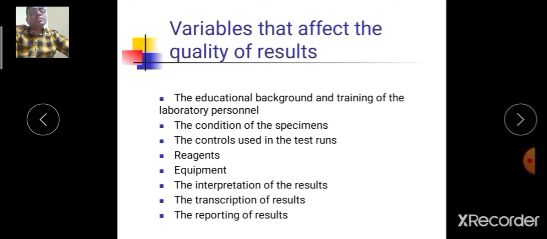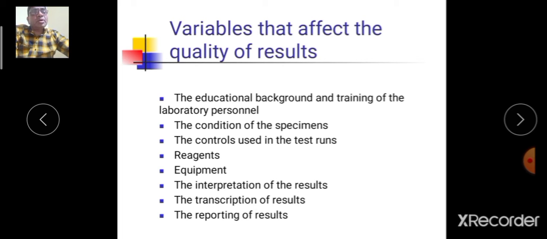Now the variables that affect the quality of the results, these are: the condition of the specimen can affect the result, the controls used in the test runs, the reagents used for performing the test, the equipment used, and the interpretation of the result, which may not be correct and causes the wrong result.